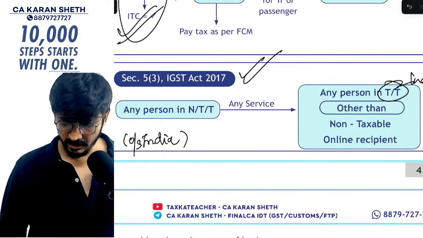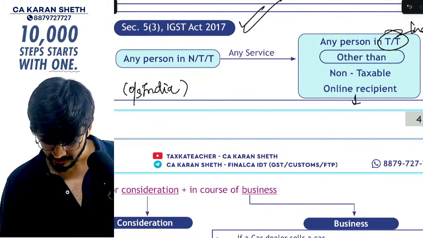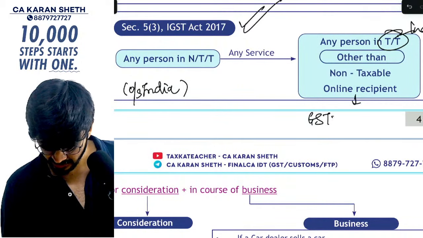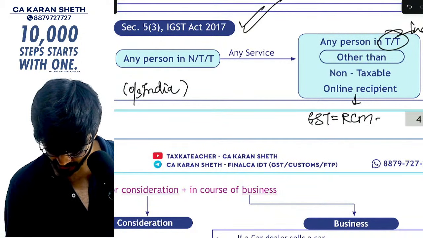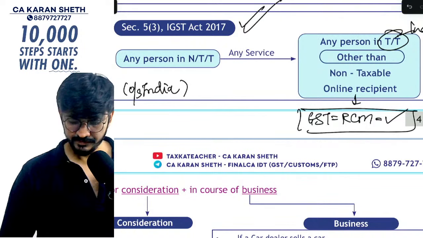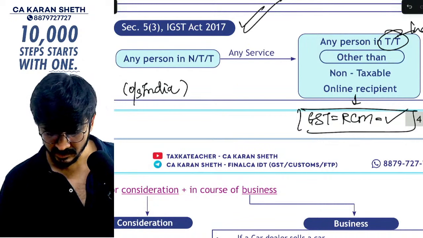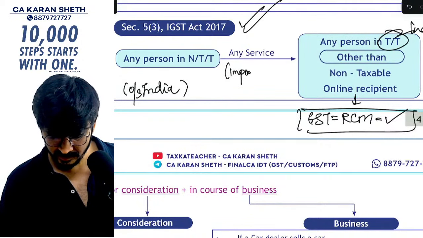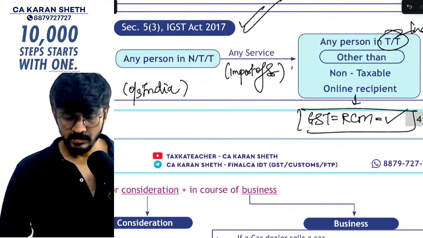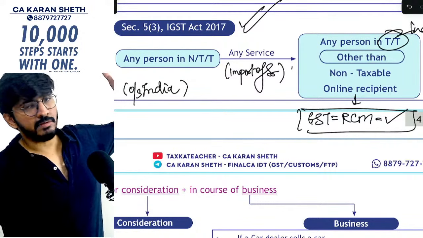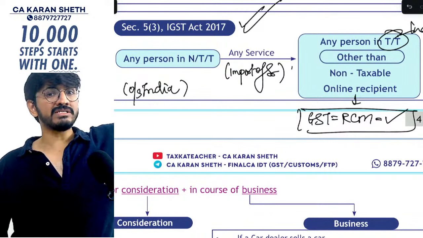Write it down here, I have not written it. GST RCM, recipient will pay tax. Okay, because understand there is import of service here. I cannot go to the supplier who is outside India, UK, US, Antarctica, Mars.